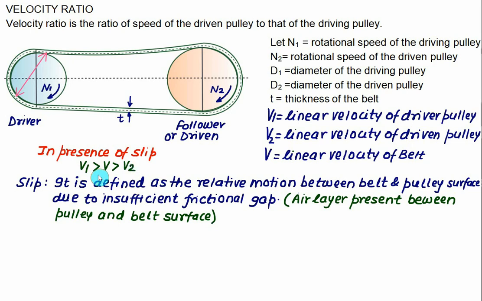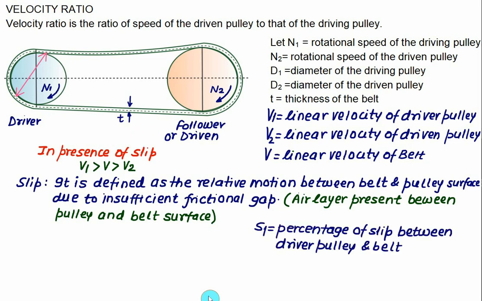So there is a relative difference between the velocity of the belt, velocity of the driven pulley and the driver pulley. So in the presence of a slip, the speed of a follower decreases, and hence the velocity ratio of a belt drive and efficiency of the belt will decrease. So we know that here the velocity of the belt is lower than the velocity of a driver. Suppose S1 represents here the percentage of slip between the driver pulley and the belt.